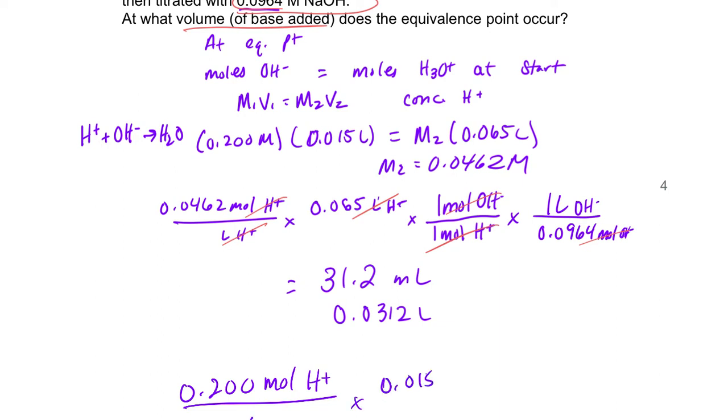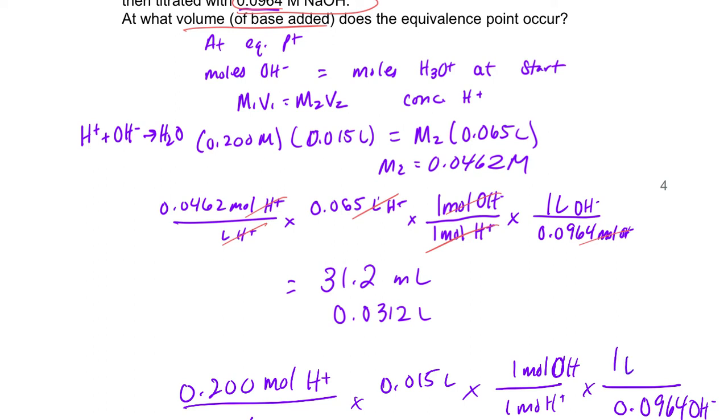We have 15 milliliters of that, 1:1, and the concentration of OH minus. Do we get the same answer? Yeah. Maybe we can round it, right?